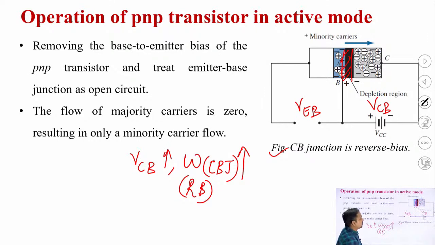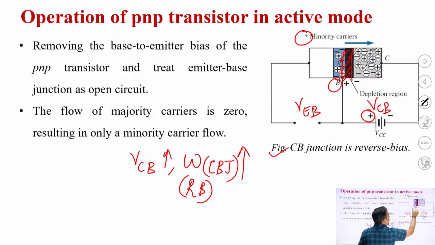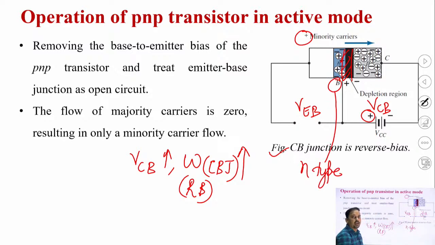So in this situation, the positive of the battery here will basically pressurize the holes. Now what are holes? We are aware that the base is of N type, and in N type the majority charge carriers are electrons, whereas the minority charge carriers are holes.